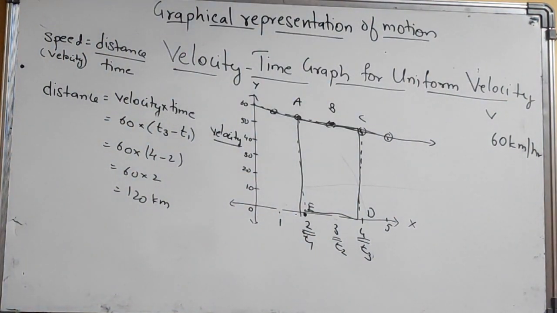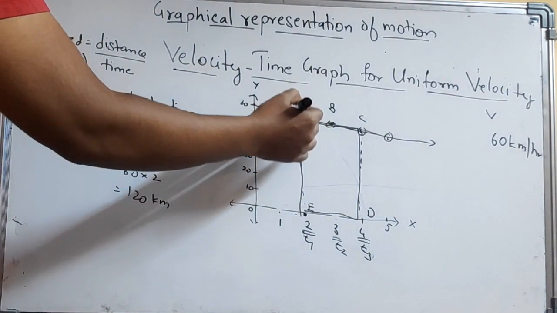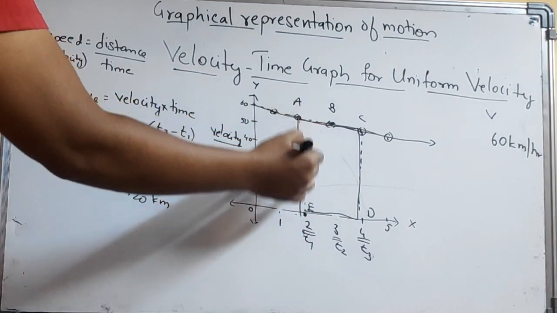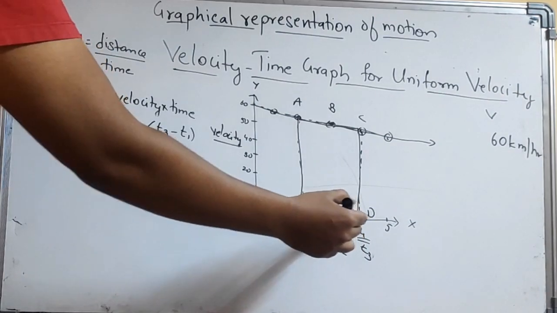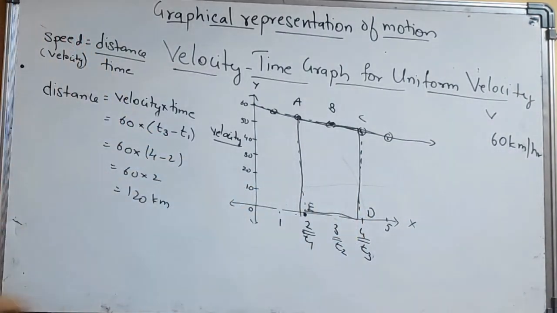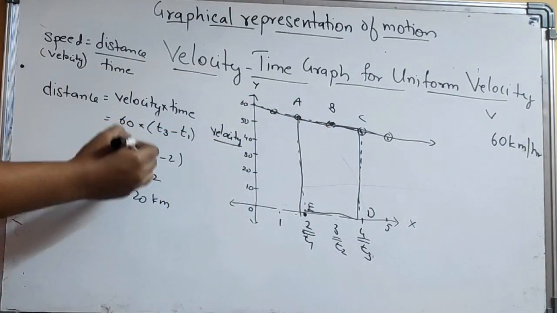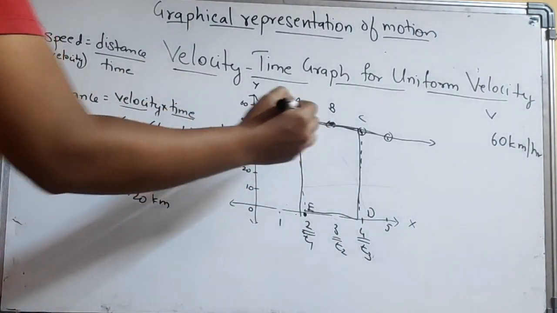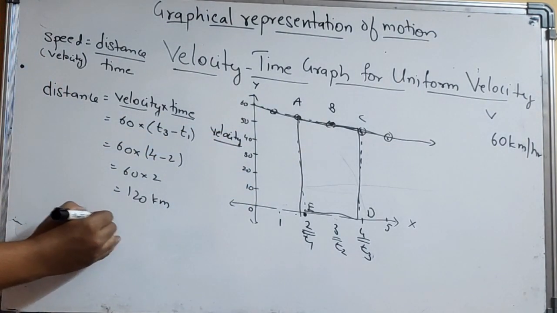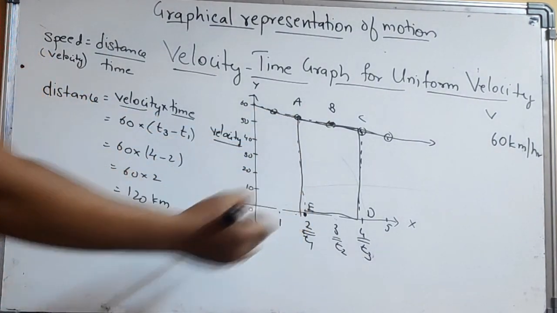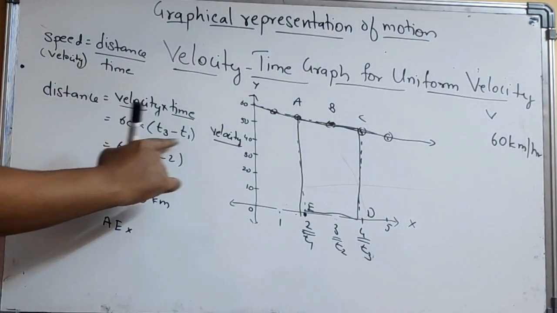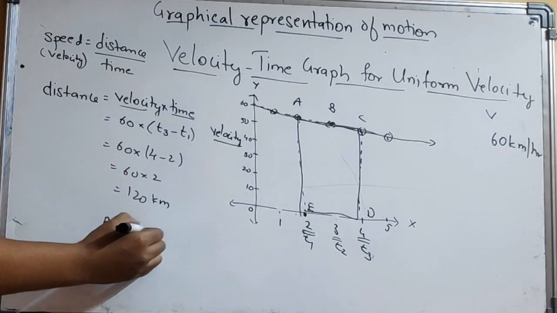This velocity is represented by AE and the breadth is represented by the time taken by that object to cover that much distance. Now you have velocity into time. Velocity is represented by AE and time is T3 minus T1, meaning DE.